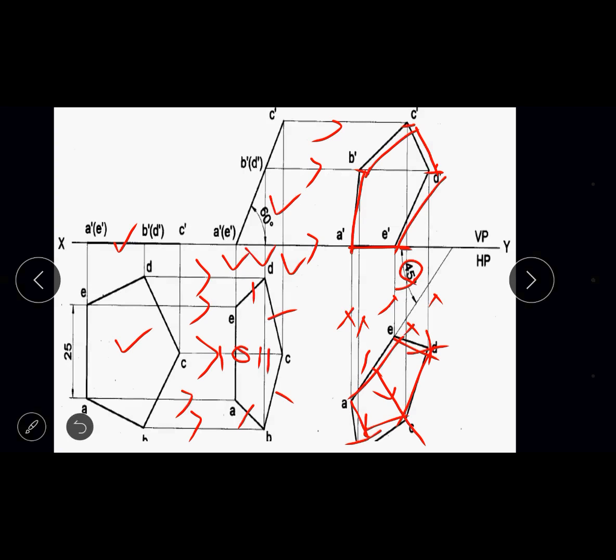Now you can activate your audio. Someone of you was asking about the sketchbook. If you have any doubts related to the problem or the sketchbook, you can ask.